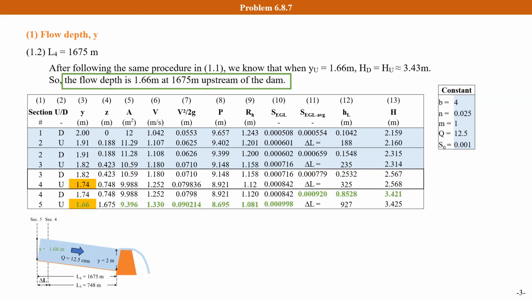So based on the same procedure, we can determine the flow depth at 1,675 meter. And we can get the flow depth is 1.66 meter at section 5.